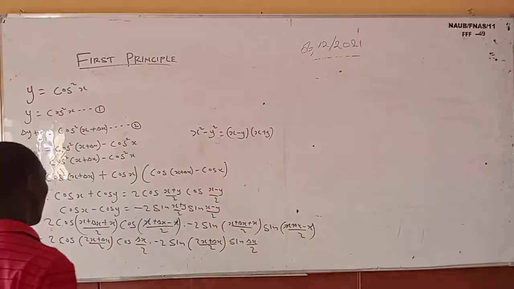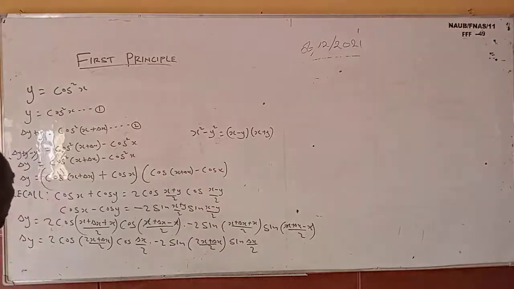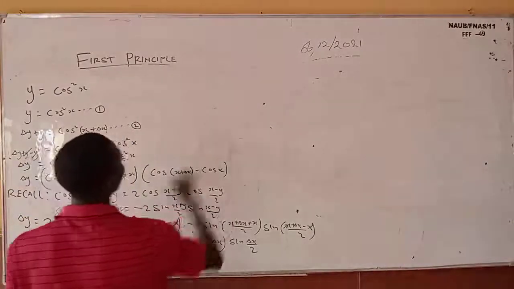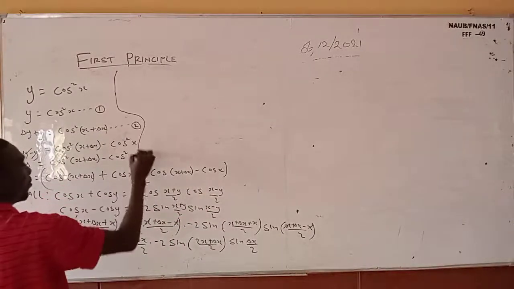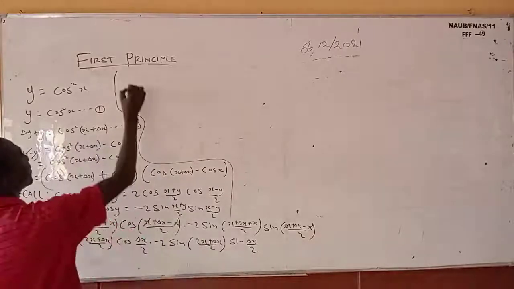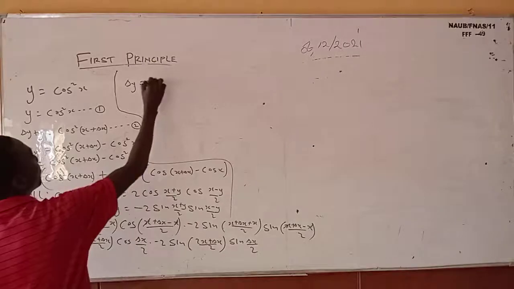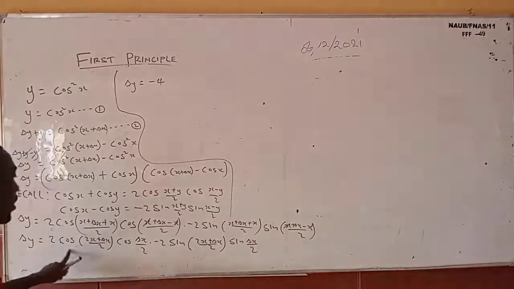So now, the next thing is we can multiply these 2 with minus 2. So if we do that, we are going to have our change in y equal to 2 times minus 2, which is minus 4. Do we have anything we can multiply together?